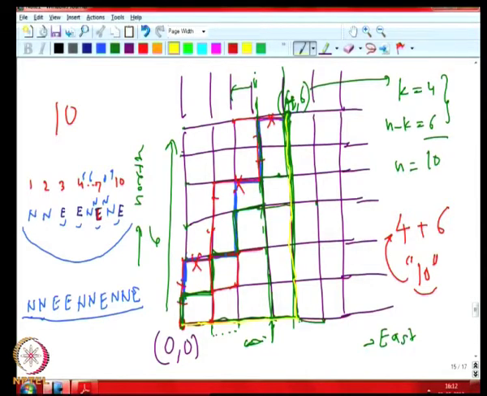If he takes 4 eastern steps and then 6 northern steps, he has to reach this point, because out of 10 units he has moved 4 kilometers eastward and 6 kilometers northward. So, therefore, he will be reaching this if you follow that.